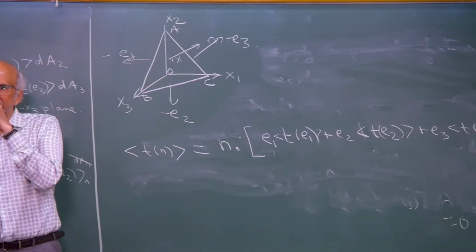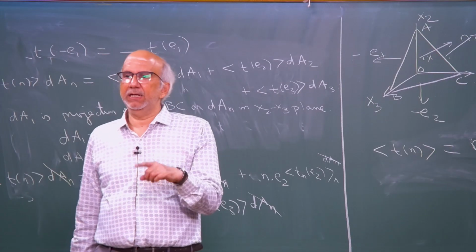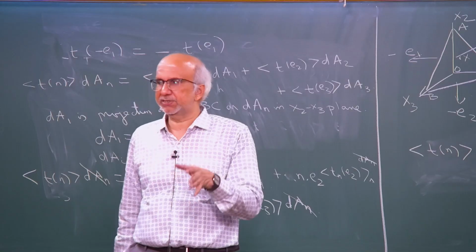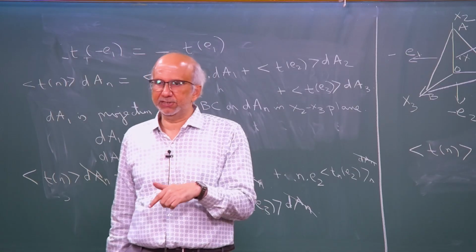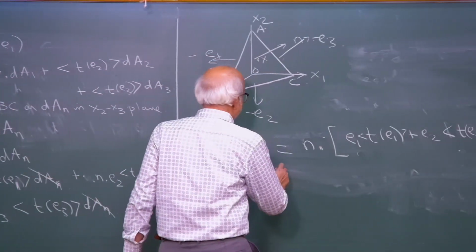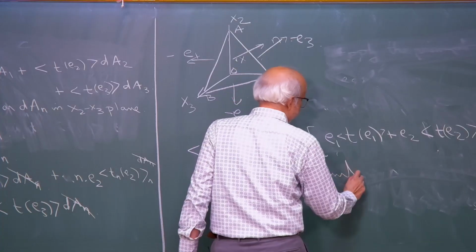I want you to understand that E1, E2, E3 are vectors and T is the force vector, a stress vector acting on the surface. So, this also has 3 components. The stress vector also has 3 components. This is a vector. So, Ei are the unit vectors.